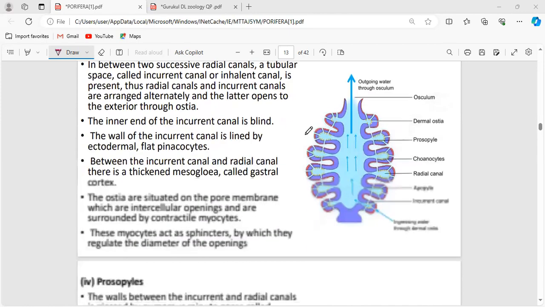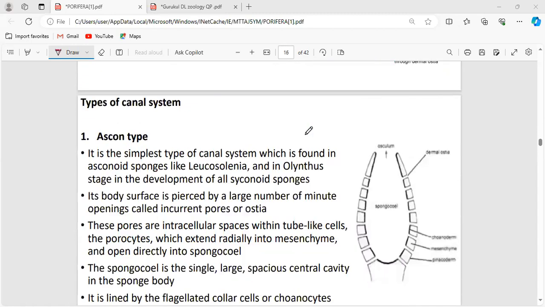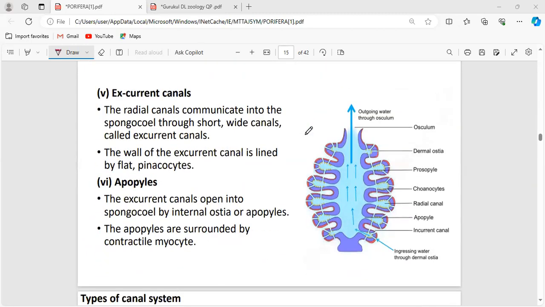Clear? Okay. There are three different types of canal system we saw yesterday: ascon type, sycon type, and leucon type. Which is the simplest type of canal system? Very good, ascon type.